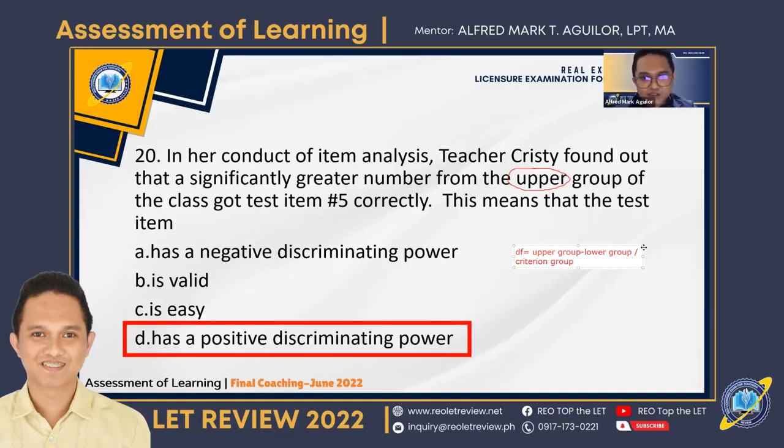So when I say criterion group, this is the number of people in the upper or in the lower group, no? Which should be equal for item analysis. So this discrimination will only have a positive value. No, if we come to think of it, this will only be positive if upper group is greater than the lower group. Kapag equal po si upper at saka si lower, then we are expecting 0. No discrimination.